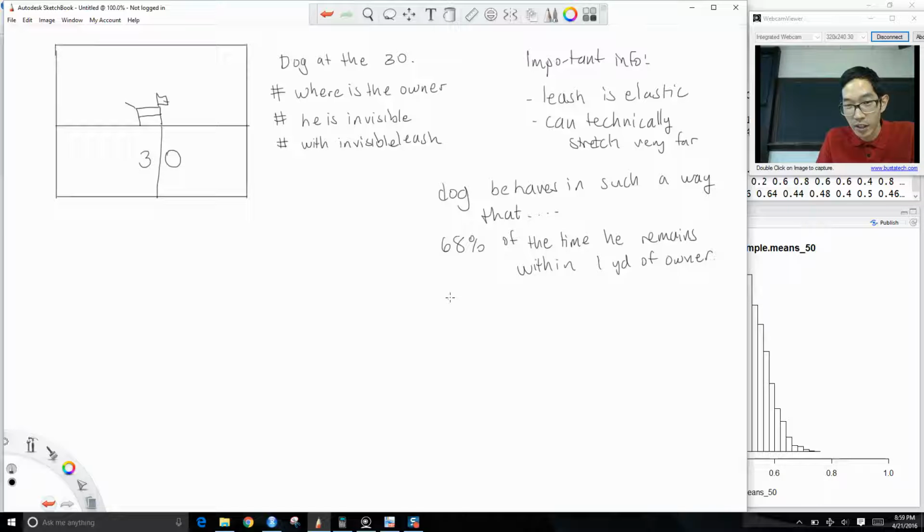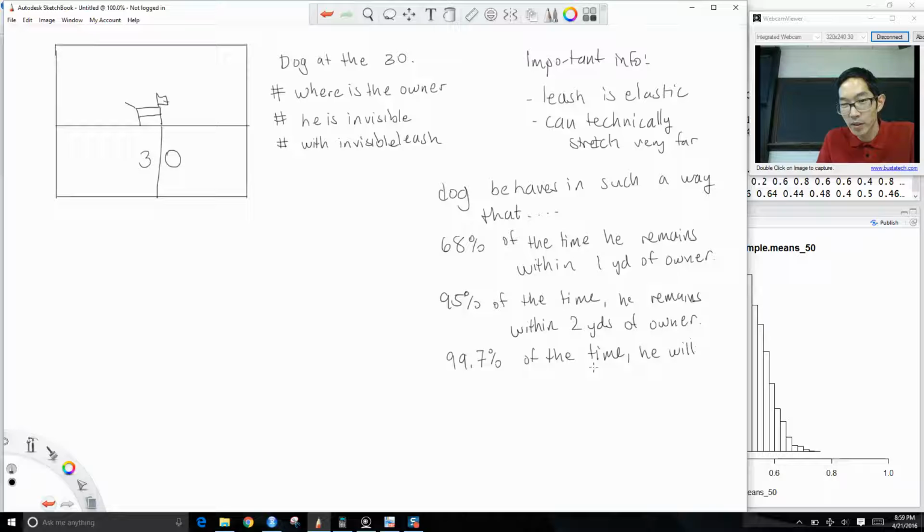Okay, and we will say 95% of the time he remains within 2 yards of the owner. And we'll say almost always, but not always, 99.7% of the time, he will be within 3 yards of the owner.